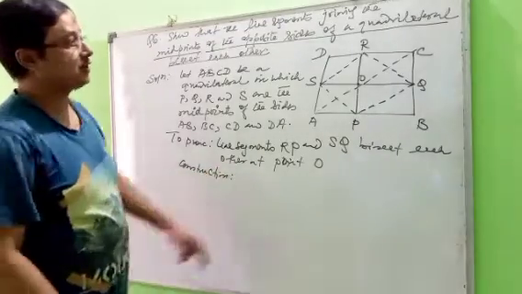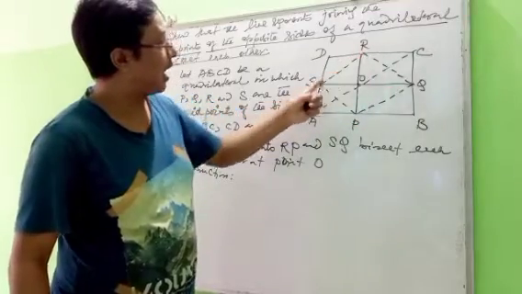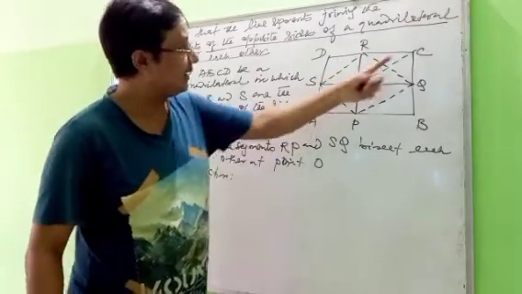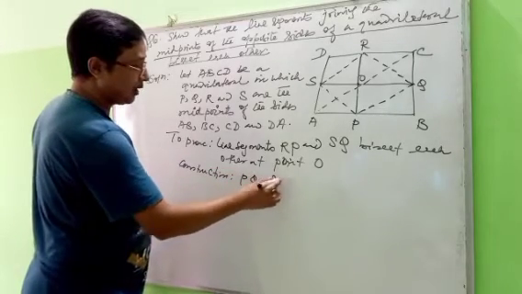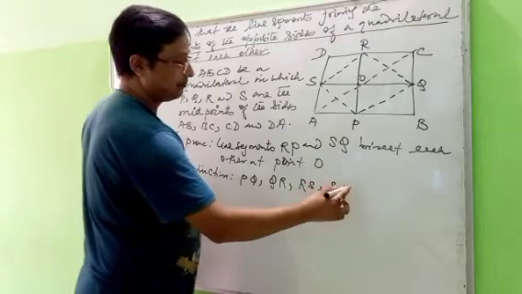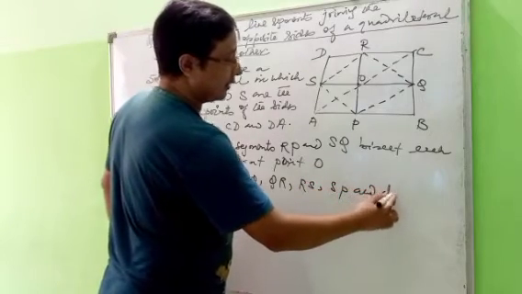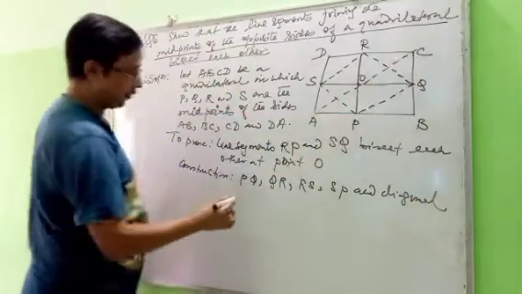You have joined PQ, QR, RS, SP and the diagonal AC. So PQ, QR, RS, SP and diagonal AC are joined.